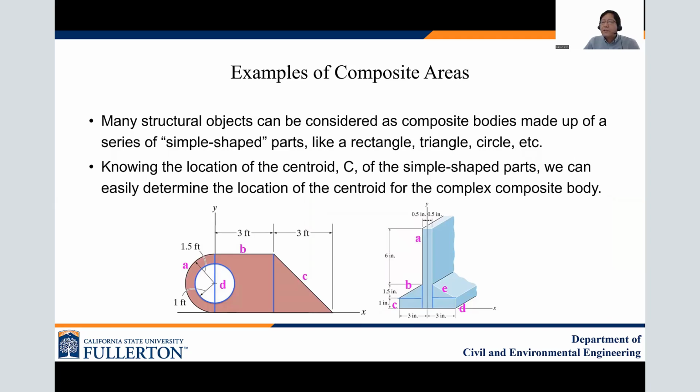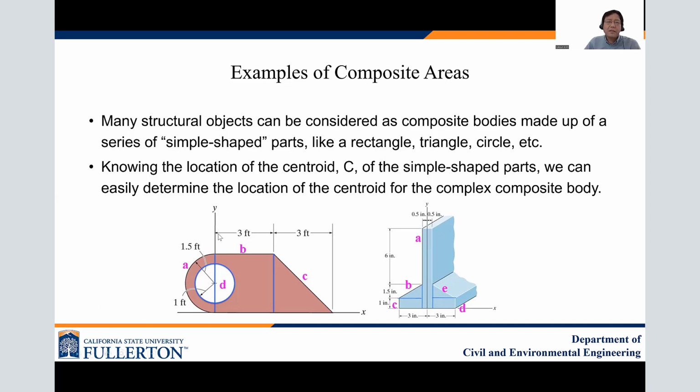This slide provides examples of composite areas. Many structural objects can be considered as composite bodies made of a series of simple shaped parts like a rectangle, triangle, circle, etc. So knowing the location of the centroid, C, of each simple shaped part, we can easily determine the location of the centroid for the complex composite body, not using the integration, just a summation of the values.